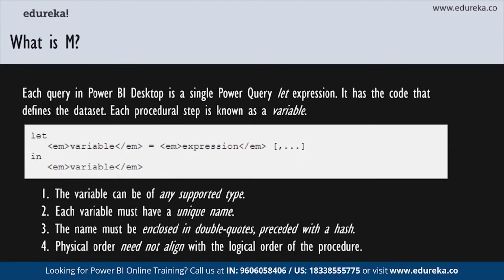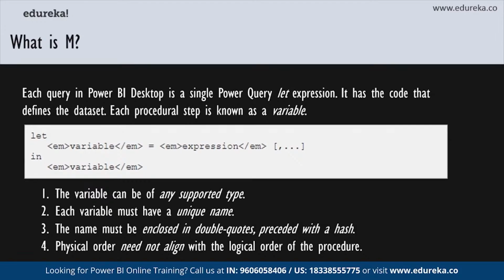Now, this is something which is unlike regular coding. However, this approach can make the code very difficult to debug, as well as cause unnecessary confusion amongst the coders. The accepted convention when writing a let statement is hence to keep the physical and logical orders in sync.